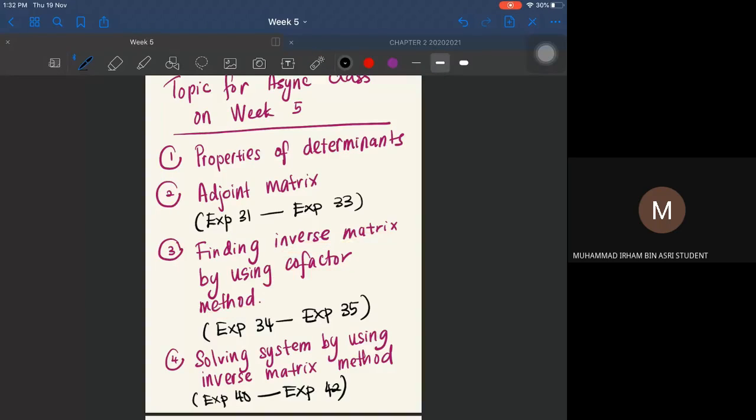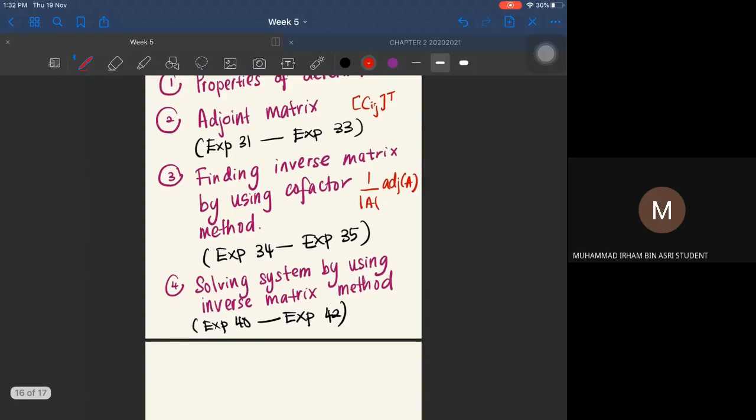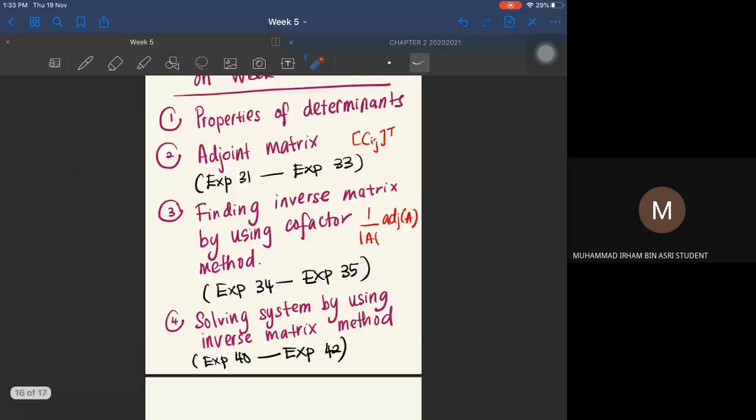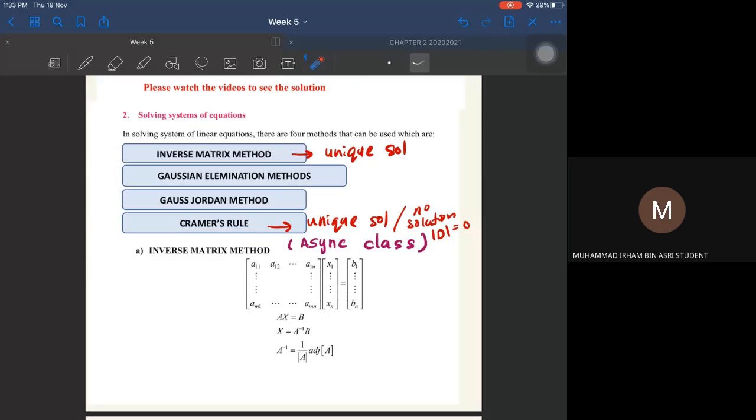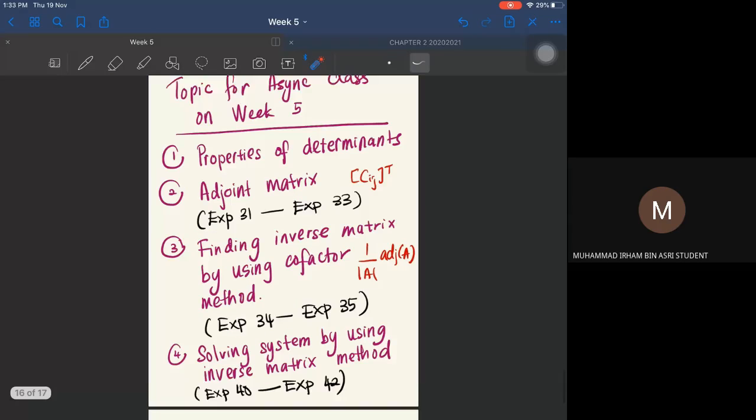Yang ni yang saya bagi tahu tadi menggunakan formula 1 over determinant darabkan dengan adjoint A. Adjoint ni adalah Cij. And the last one, solving system by using inverse matrix method. Ini pun you kena study on your own. So ini mudah je. Okay, you nak pakai formula ni. Okay. So ada 4 subtopik kat sini.